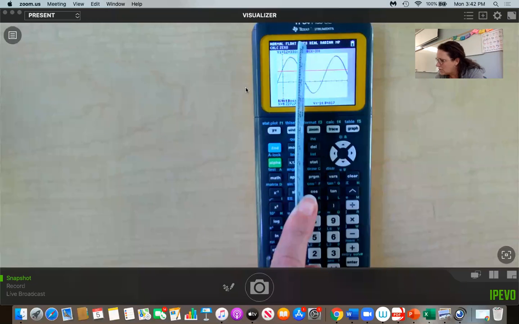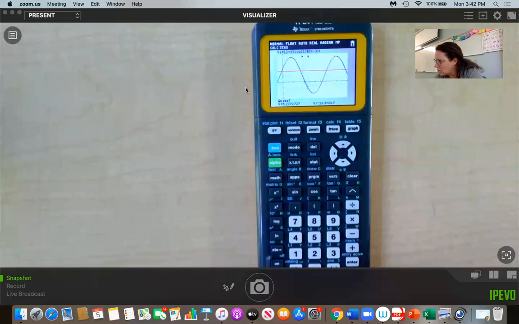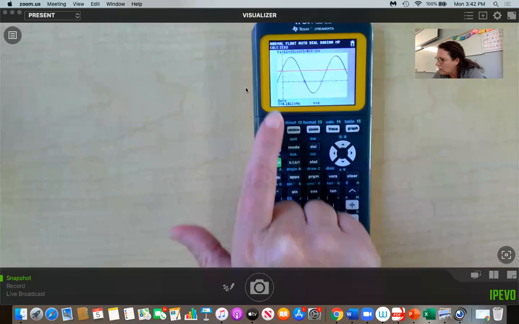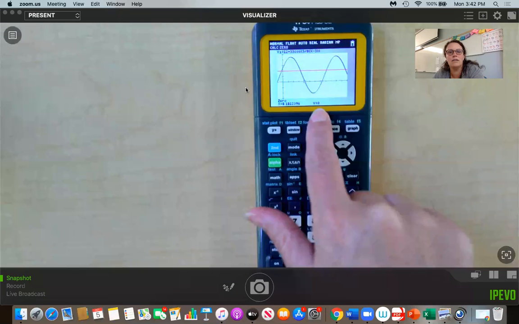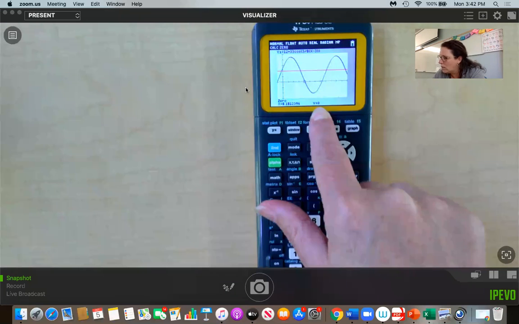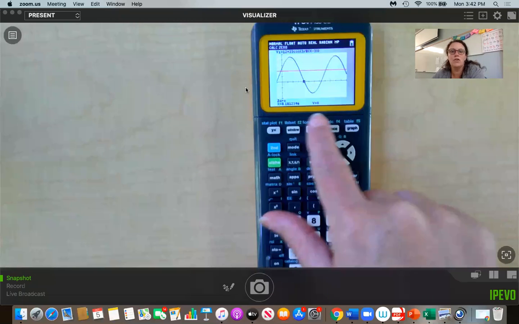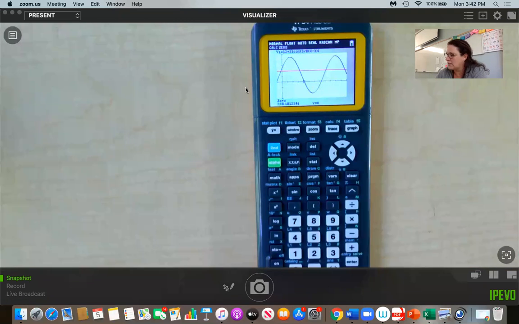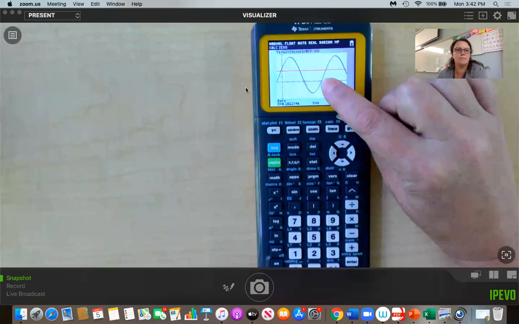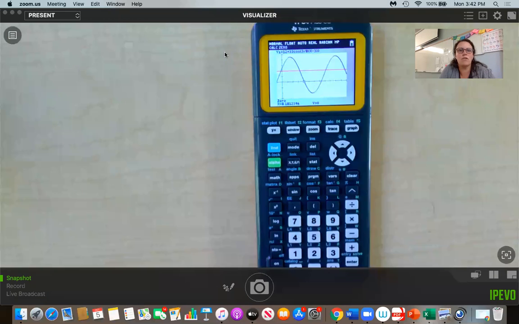So I'm going to press enter, and now it's going to say guess. I'm going to press enter again, and this time it should say the word zero there. It's going to give me my zero. The zero is the x value when the y value is 0. You could follow those same keystrokes to find this other x-intercept. All right, hope that was helpful, and good luck with the rest of the assignment.